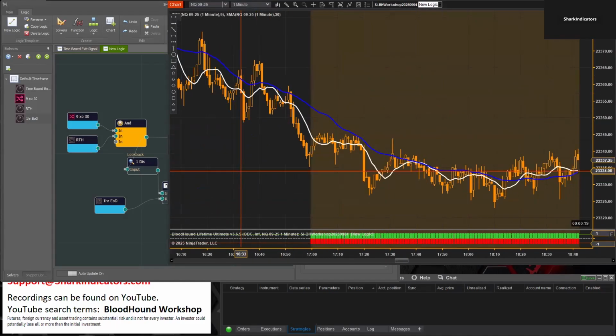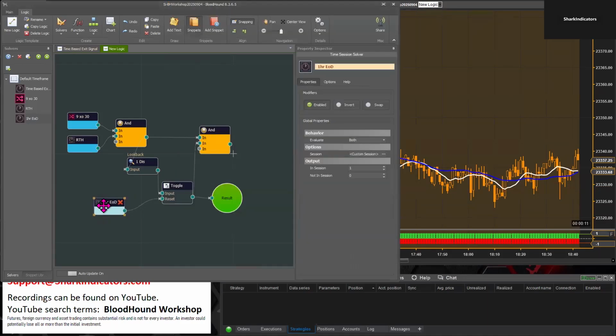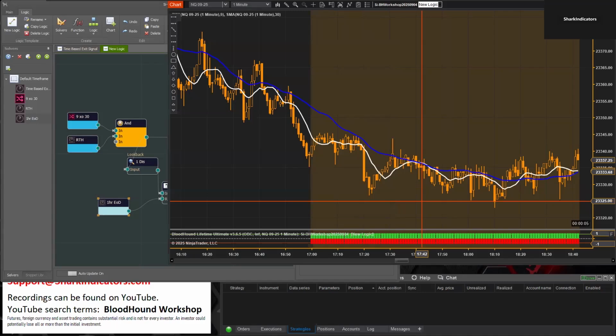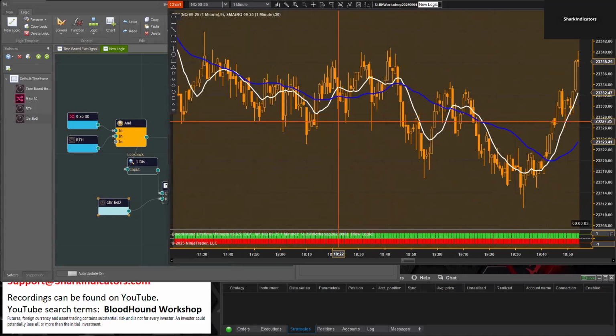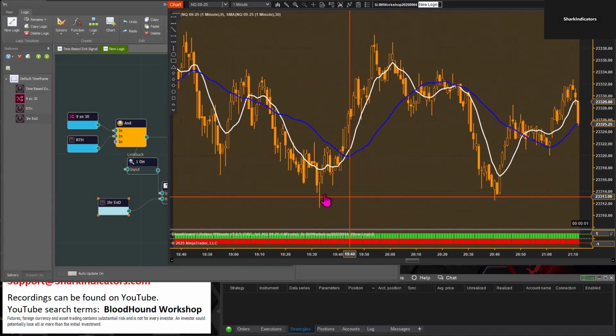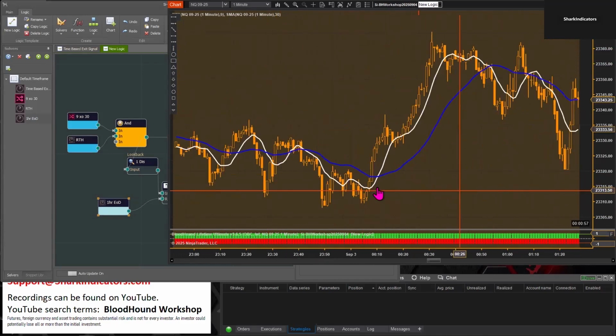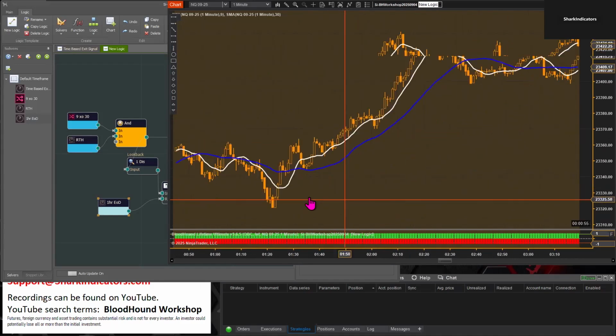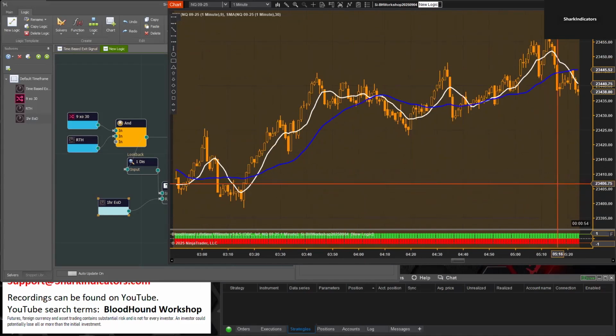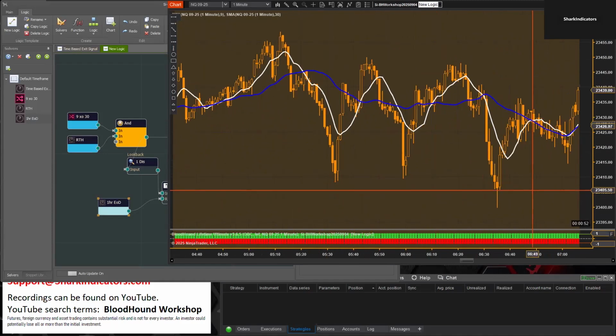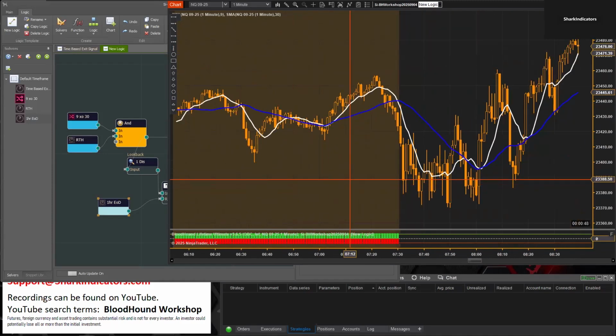Once we get to the overnight session, our little time-based reset here turns the toggle node back on. So our toggle node is now on during the overnight session until we get to the next morning here. And let's keep going. There we go.